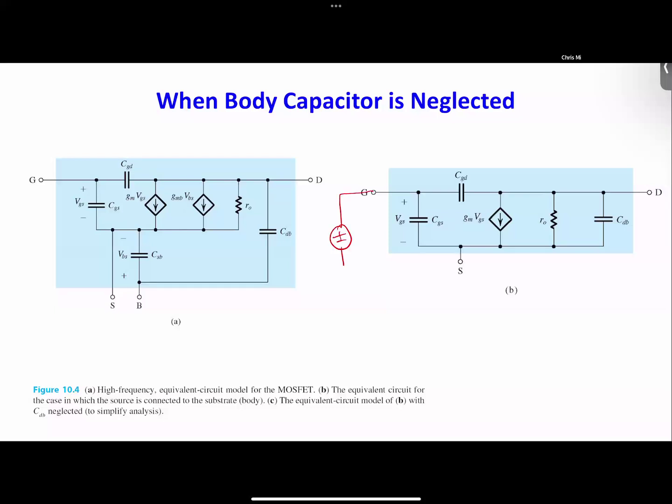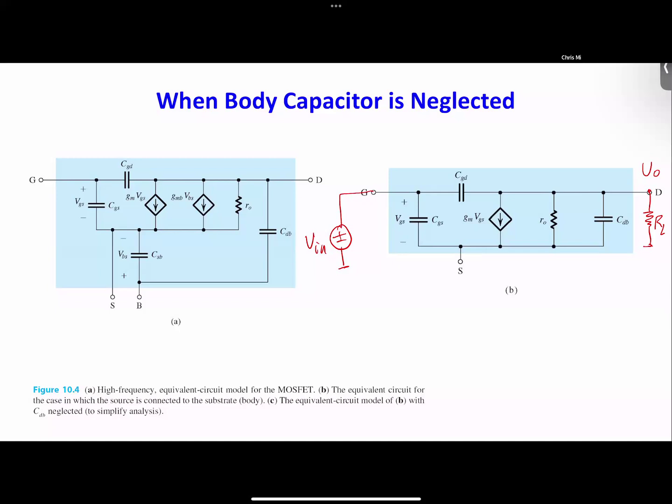We're going to apply V, and then we're going to have VO. Actually, as a step further, I'm going to add RL over here, just to make it more interesting.